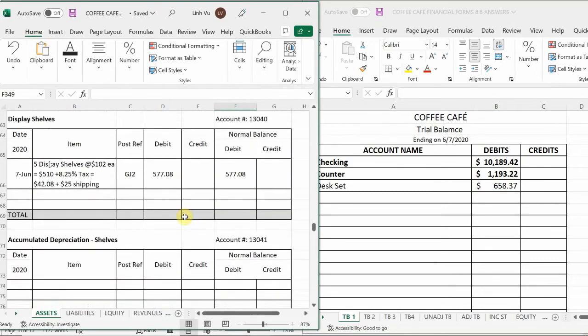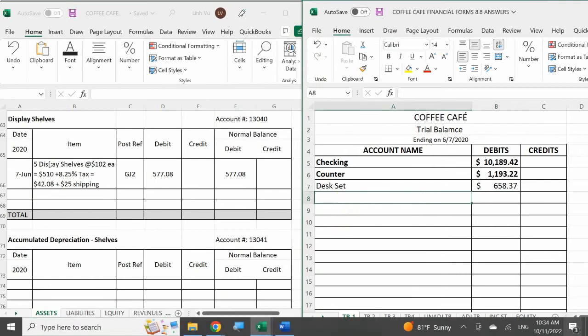Did I buy display shelves? So in this case, I could say shelves. I don't have to say display shelves. That's what I mean by abbreviation. Okay? Yes, I did buy display shelves. How much did it cost me?